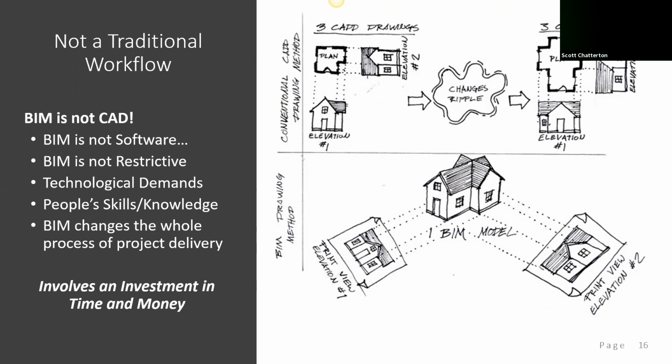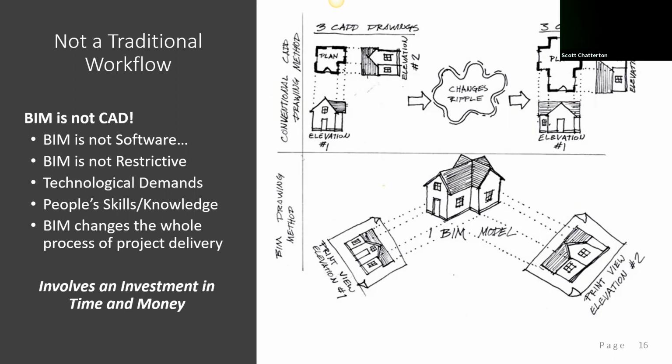BIM is not software, so it's not just focused on one platform. It's building information modeling. So it's the data that we put into it that is the key. It's not restrictive. Doesn't matter if you're building a garden shed or a $100 million hospital. The technological demands: we're utilizing more software and computing power around it.